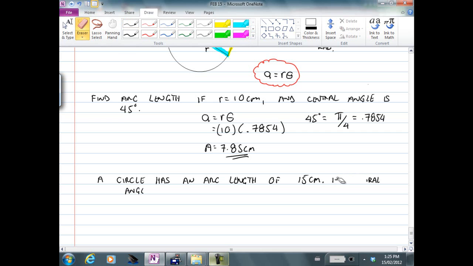I'm going to make your life a bit more confusing. The radius is 5 cm. Find central angle in degrees.